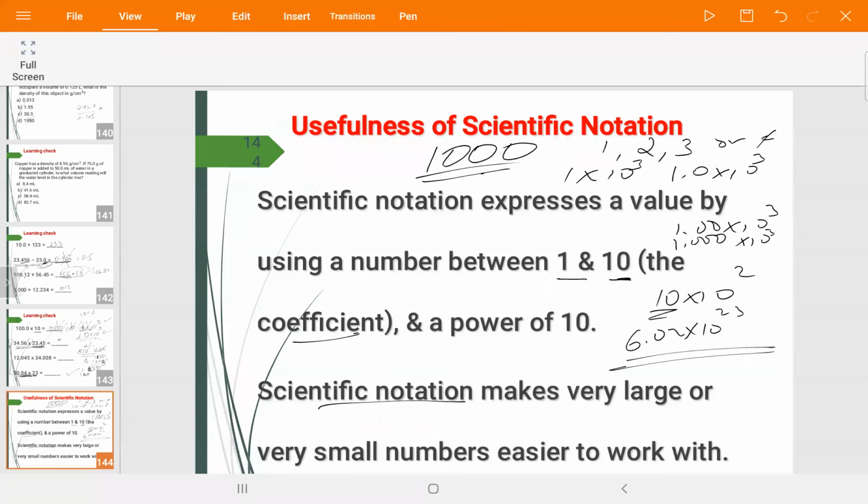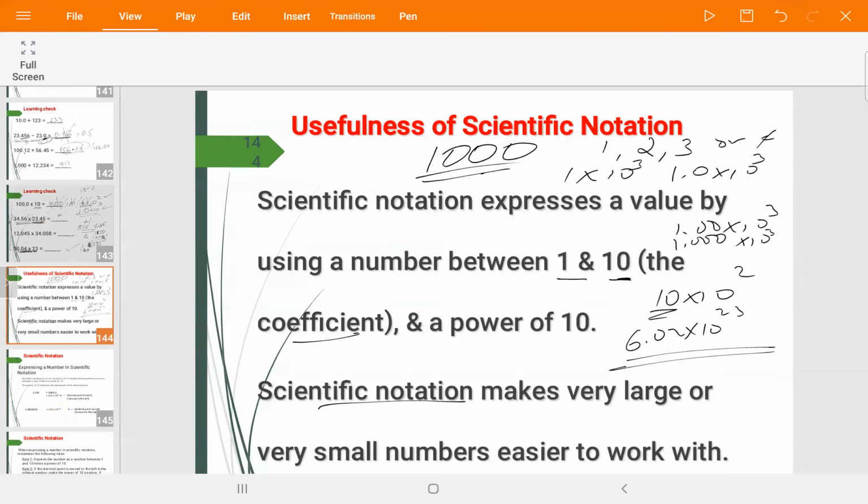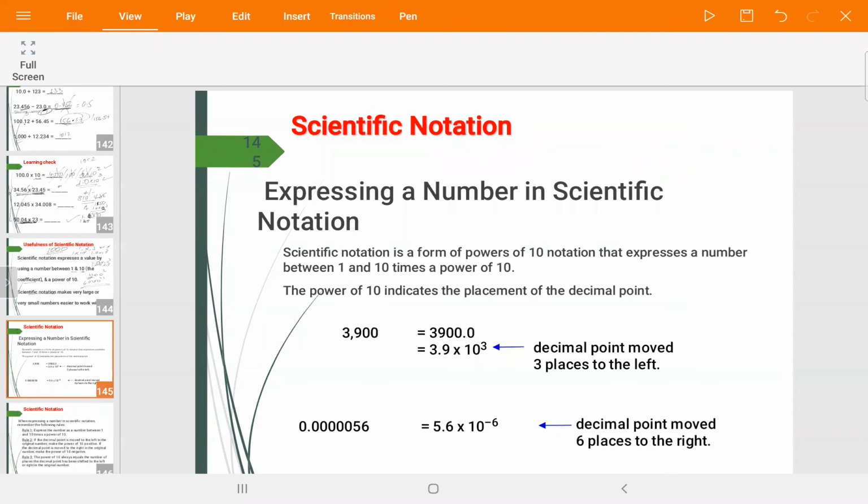Now expressing a number in scientific notation, remember the number should be between 1 and 10, times a power of 10.